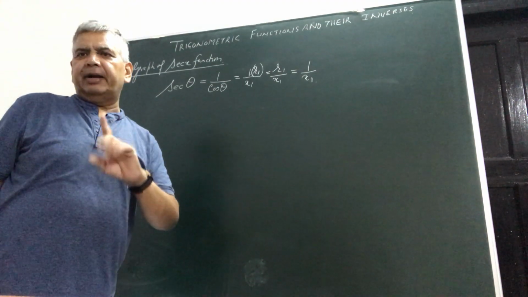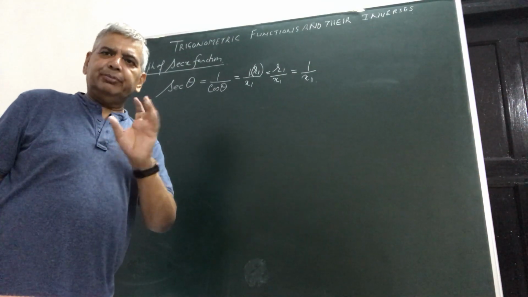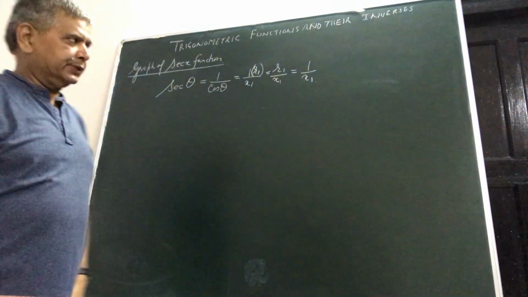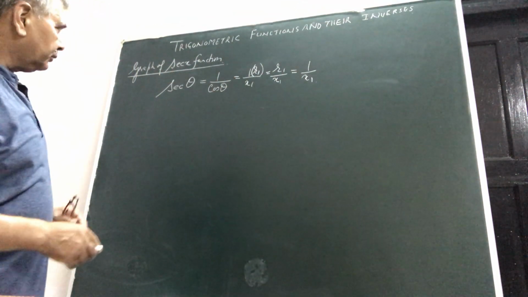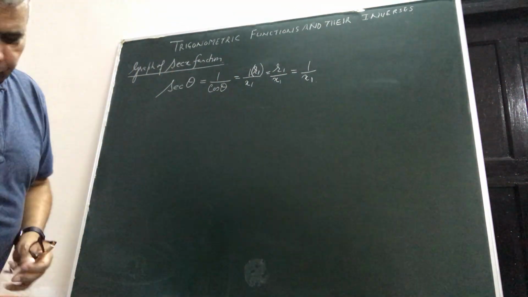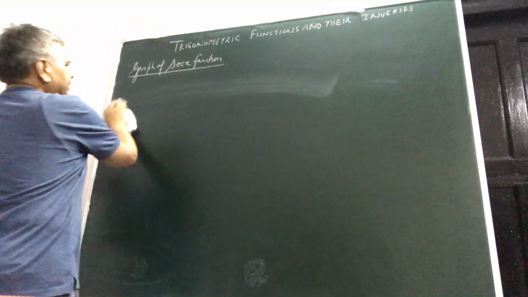These four will be depending only on one parameter, whereas tangent theta and cot theta graphs will be depending on two parameters. So with this understanding, sec theta is equal to what? 1 upon x1. And what is this x1? I have already defined it.